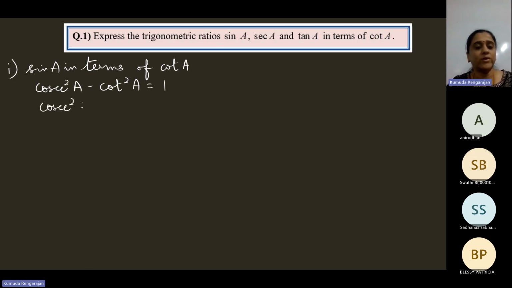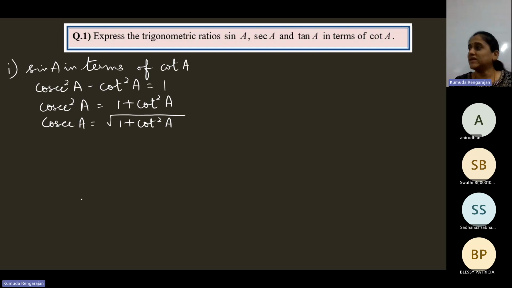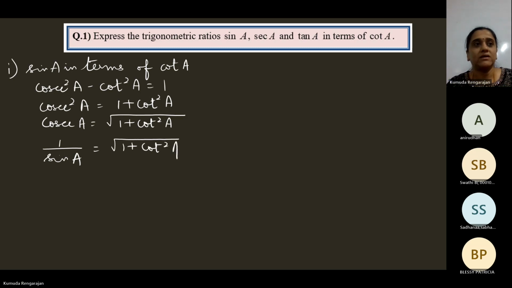So cosecant square A is equal to 1 plus cot square A. So cosecant A is equal to square root of 1 plus cot square A. Cosecant is nothing but 1 by sine A, so 1 by sine A is equal to square root of 1 plus cot square A.